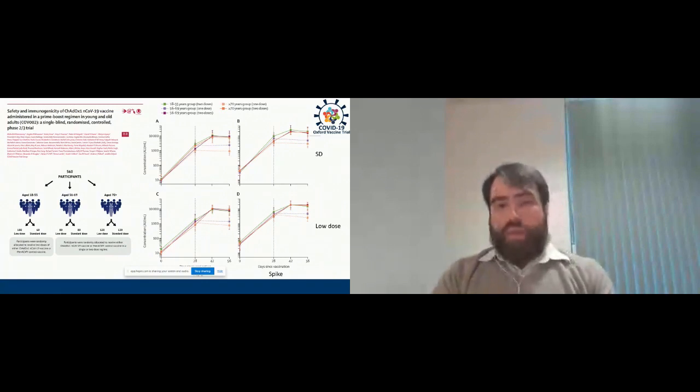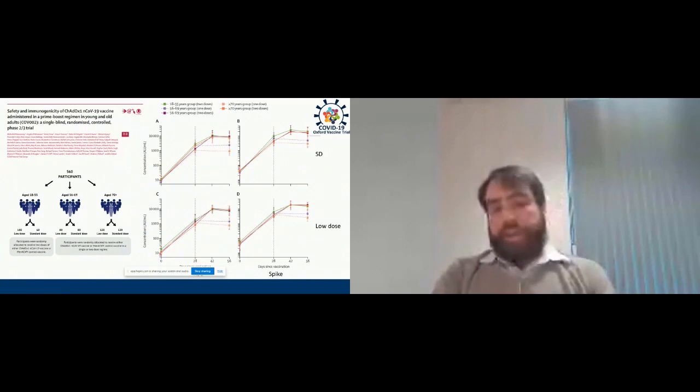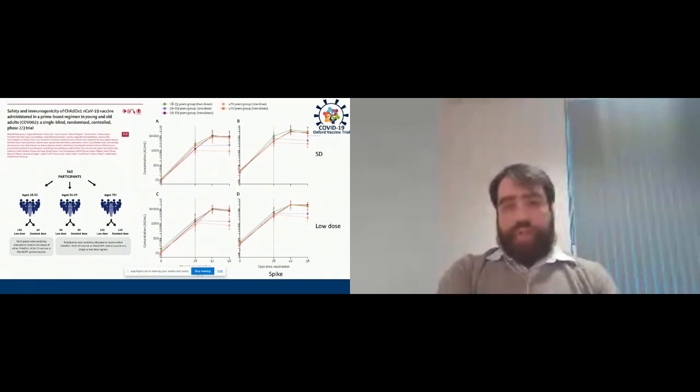We did see that the lower responses were obtained where participants received 1, either low dose or standard dose. But this was very encouraging in the sense that it showed that immune responses in over 70s are very, very promising and similar to the immune responses we were seeing in the healthy adults aged 18 to 55.